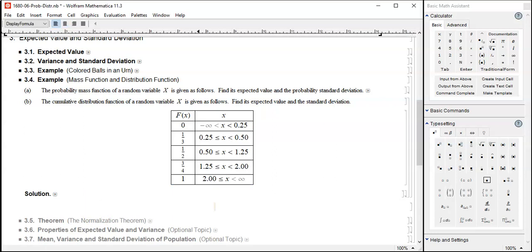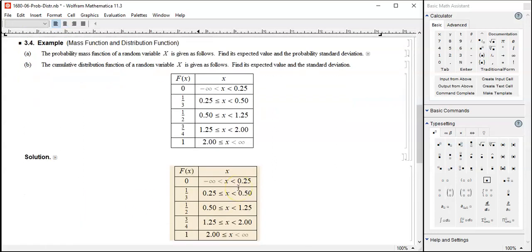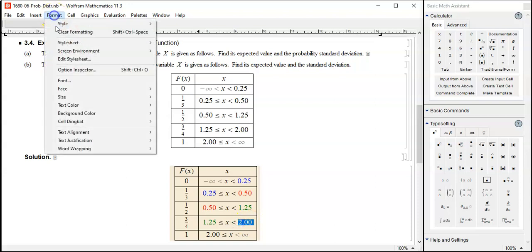Basically, this is what you have to do. Let's see. At 0.25, we have a separation. At 0.5, we have a separation. At 1.25, we have a separation. And then at 2.0, we have a separation.